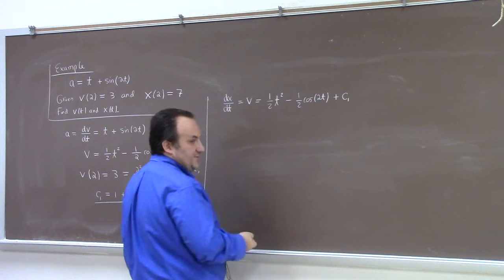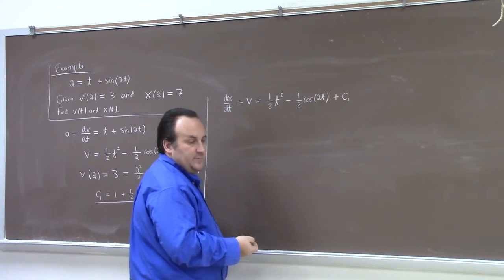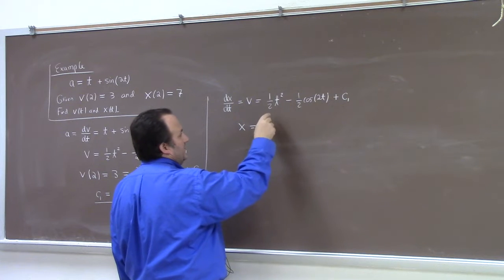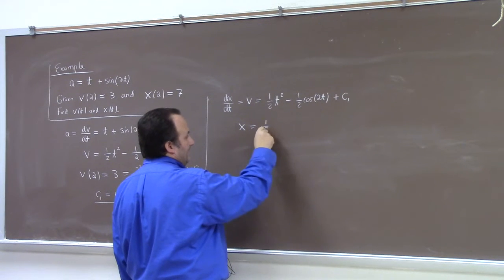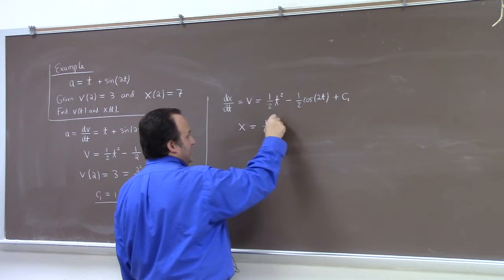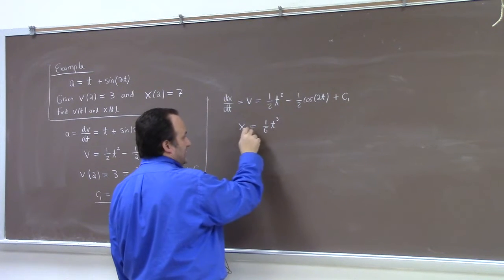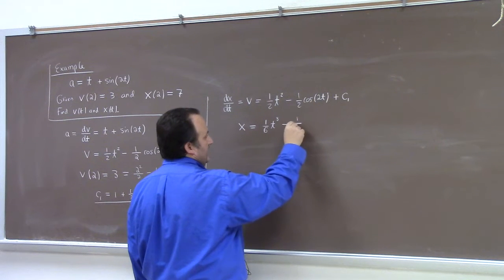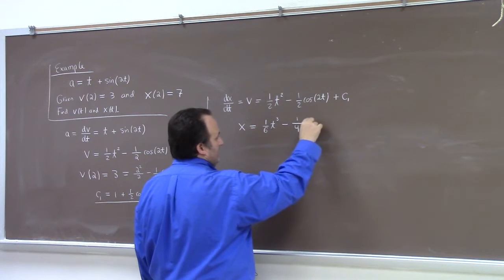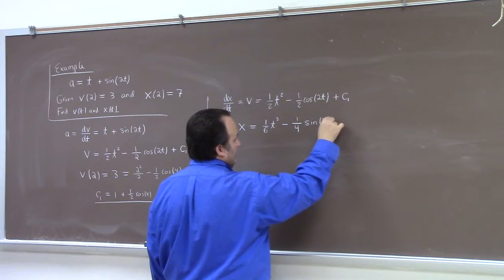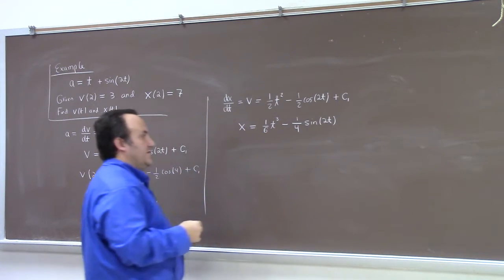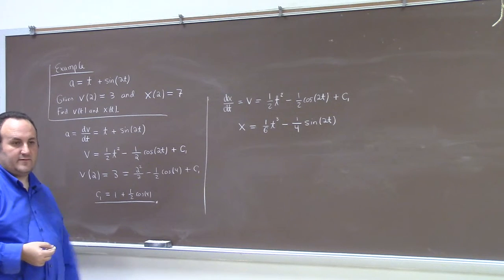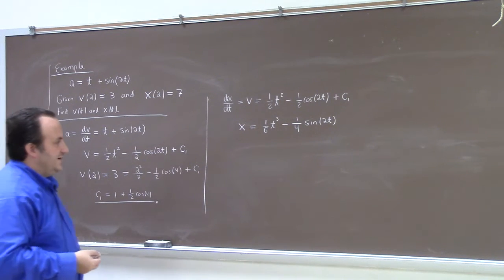So again, I anti-differentiate. This time it gives me position. Position is 1/6 t cubed, because a half times a third is 1/6. And then minus 1/4 sine of 2t, because when I integrate cosine, I get sine, but there's a 2, so I have to pull out a half in the anti-differentiation.